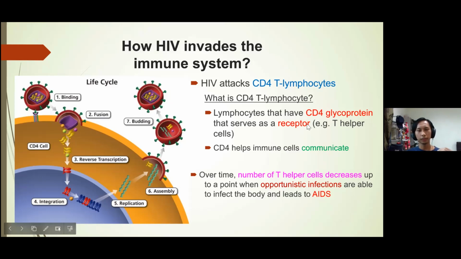Slowly the T cells will be destroyed because of the virus. Over time, the number of T cells will decrease to a point when opportunistic infections are able to infect the body, which leads to AIDS.